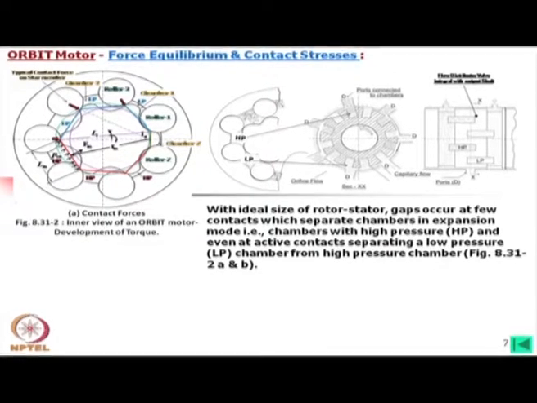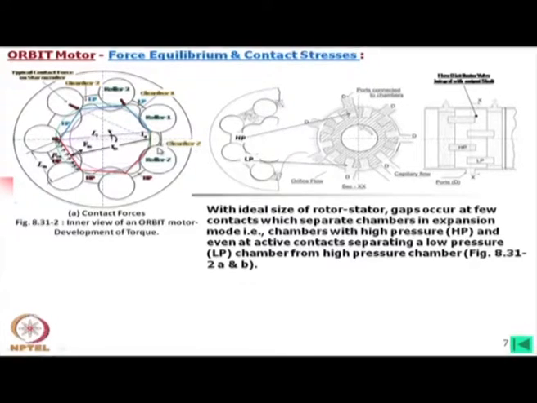Now, here I would like to mention that we are trying to find out the forces in each and every contact. We may consider that this line which is separating high pressure from low pressure is a beam.